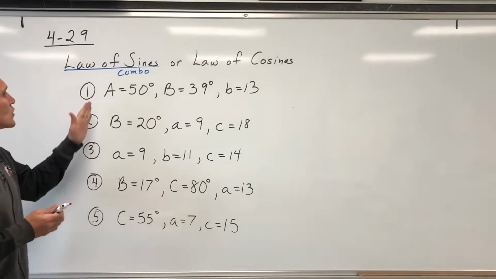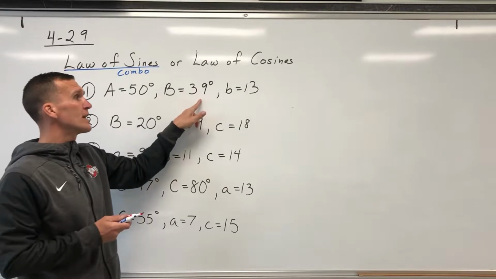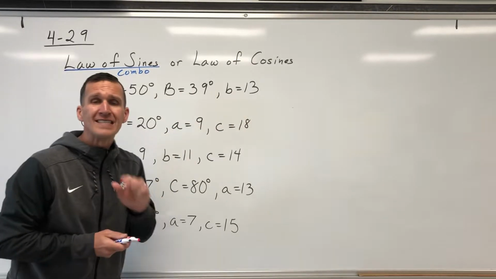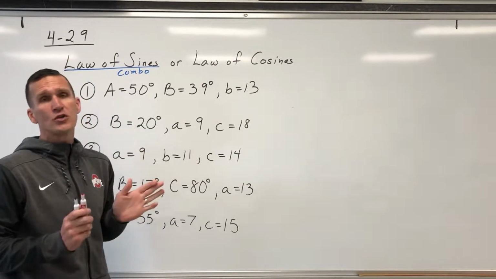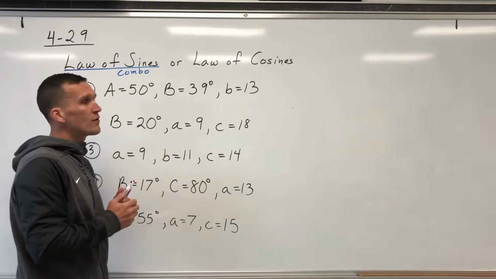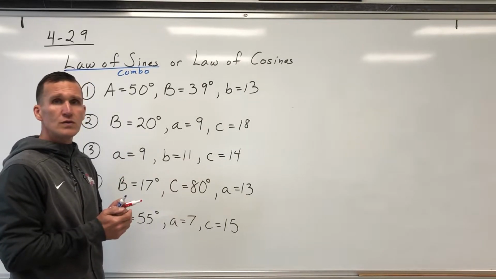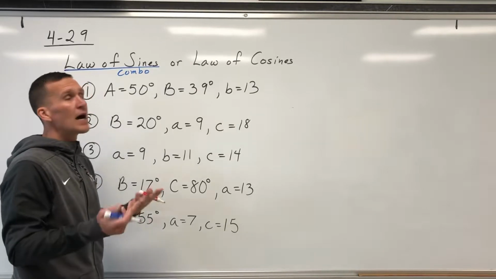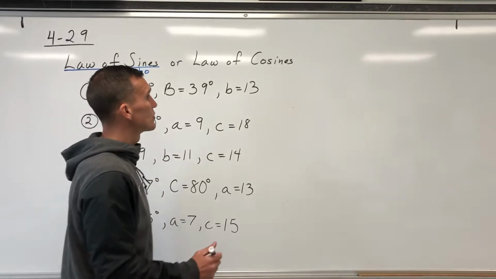All right. So when you read number 1, you have angle A is 50 degrees, angle B is 39 degrees, and little b is 13 degrees. I look if there is a combo. If there is a combo, I for sure can do law of sines. So pause it or whatever and think if you know what you would choose. But to me, I would choose law of sines. Now, I always want you to explain your answer. So it says explain your answer in your homework.